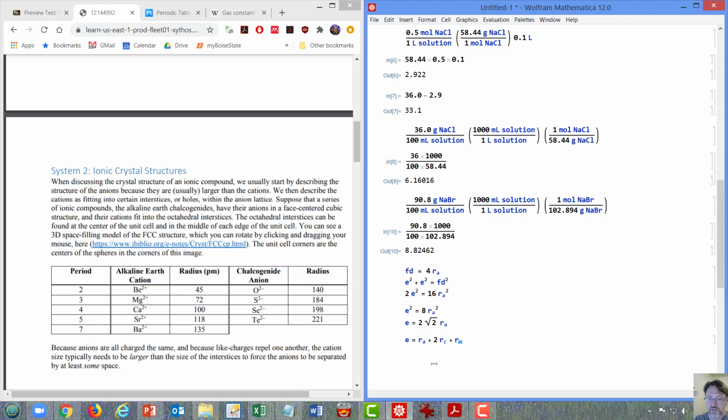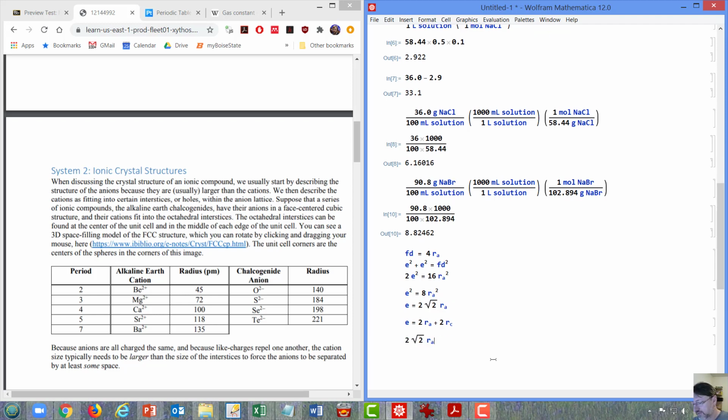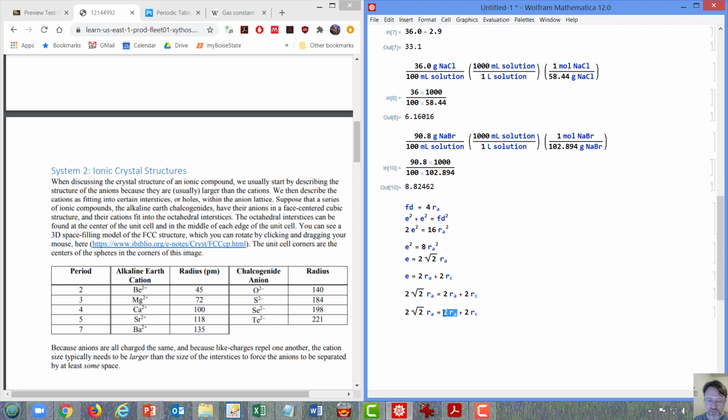Okay, so let's simplify that here. So we now have that equals this. Okay, so take that, let's subtract this from both sides.